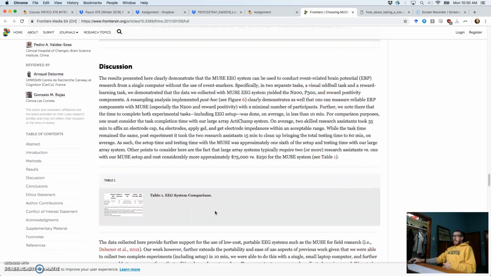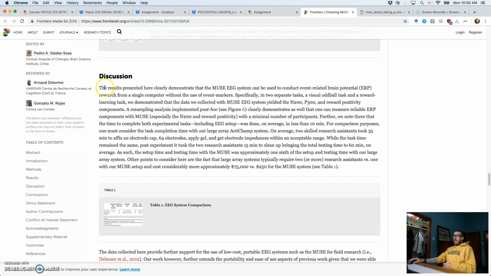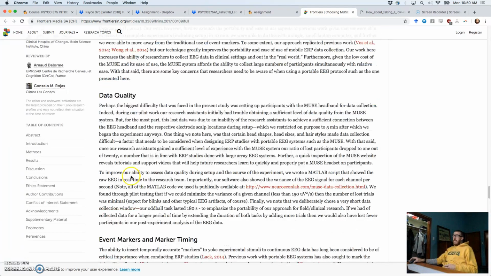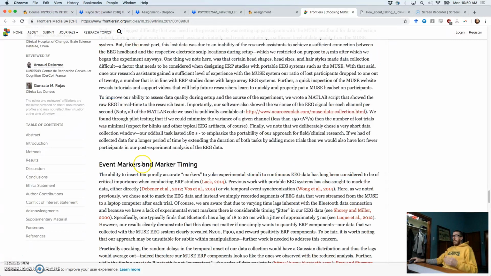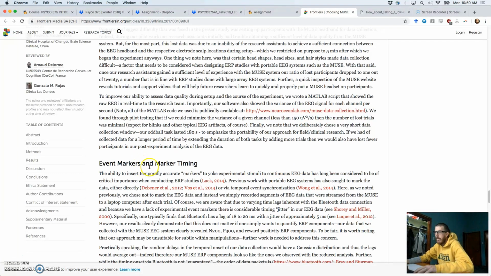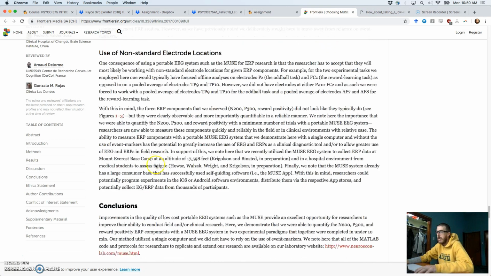Again, here's the first paragraph of the discussion in the same way, where they say the results demonstrate this, we did this, and we did that. So they are very repetitive, and things are repeated over and over again. And sometimes these papers will have headings in the discussion or the conclusion as well, which can better track your reading of the paper and focus you on the important information.